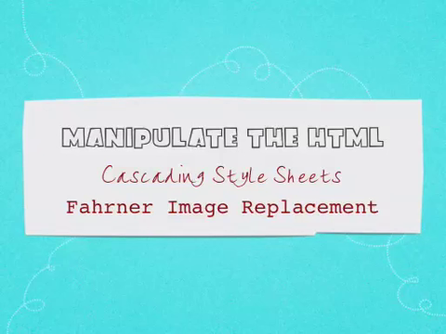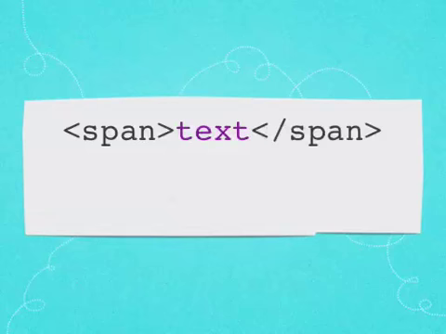Today, we're concentrating on how to actually replace text with an image. The image replacement technique we're going to be following is the Fahner image replacement technique. This is not the only method, but this is the one we'll be discussing today. Now, the Fahner image replacement technique utilizes the span tags, and the span tags usually surround any text in the document.